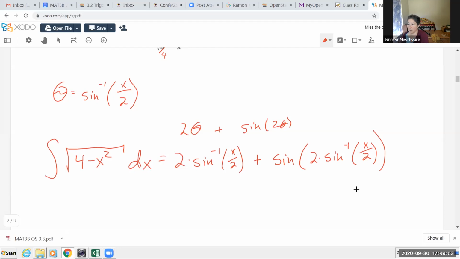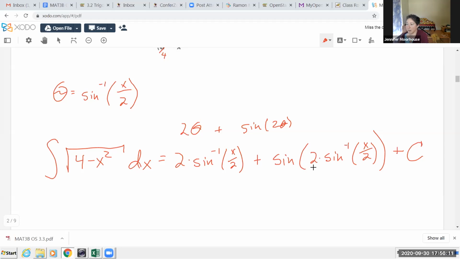All right, so then that gives us an answer in terms of x, and we could actually simplify this even a little bit more.